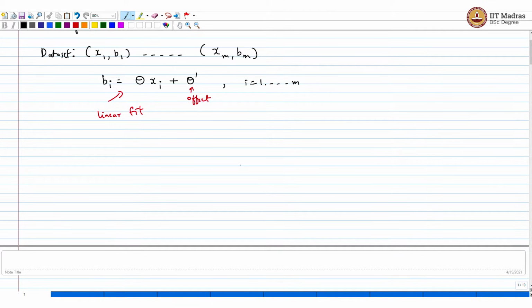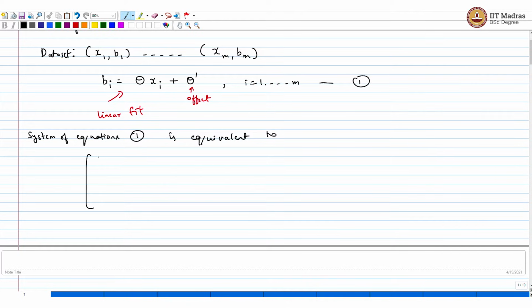So what you do is, this system of equations is equivalent to, just put it in matrix form.